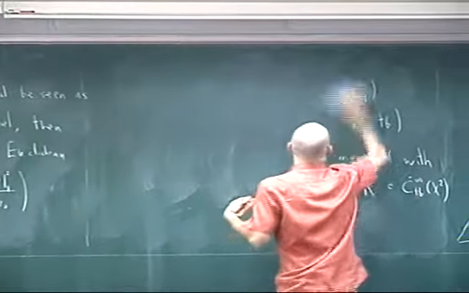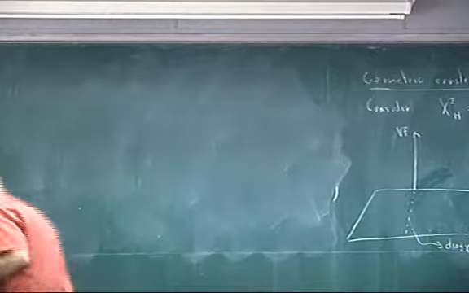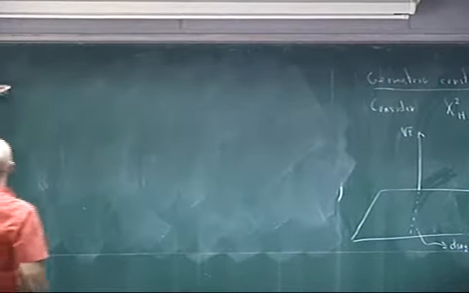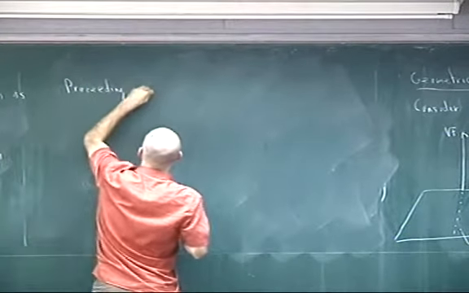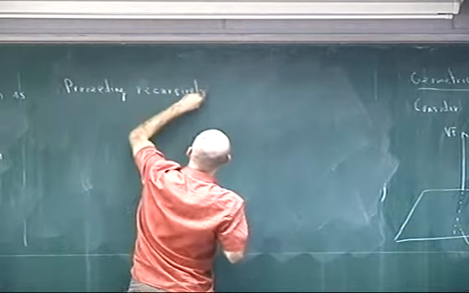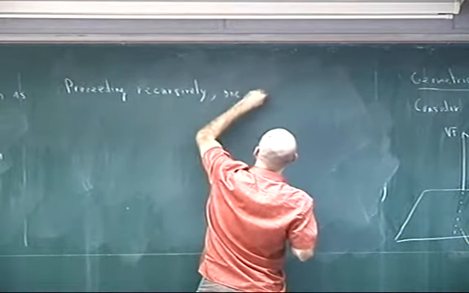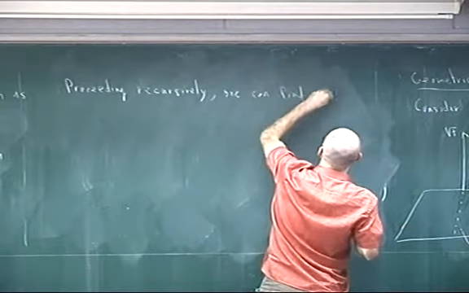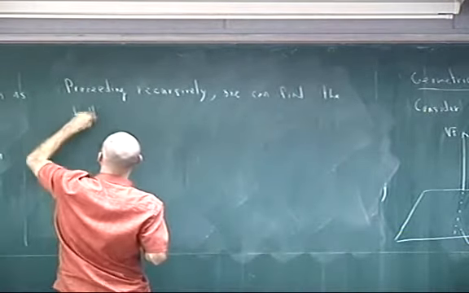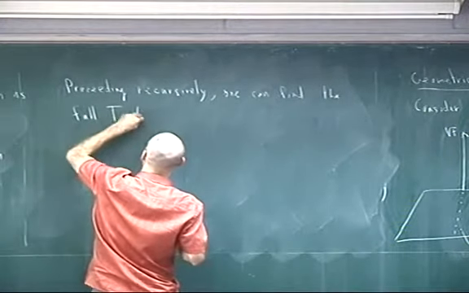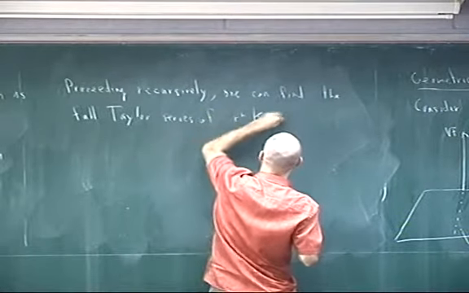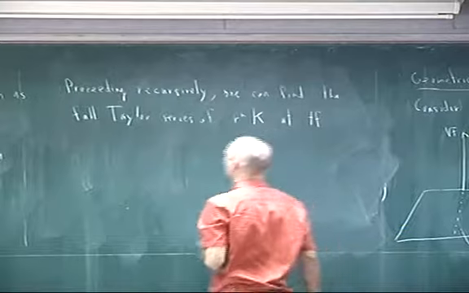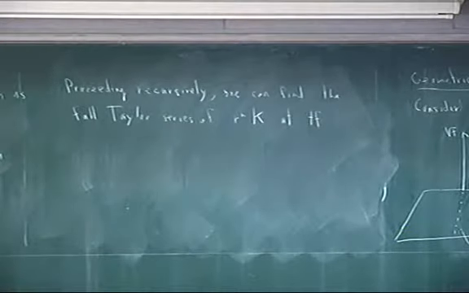So then what you can do, proceeding recursively, one can find the full Taylor series of Rn at this temporal phase, providing we assume that it's a solution, or that's the heat kernel.